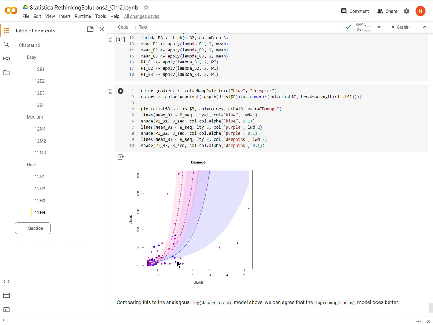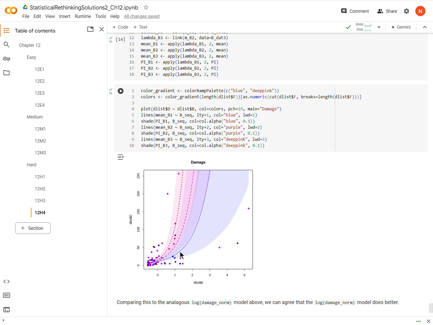That's the actual data, and then we have the predictions of the model. We broke the names up by femininity into 3 categories, from most feminine to neutral to most masculine.